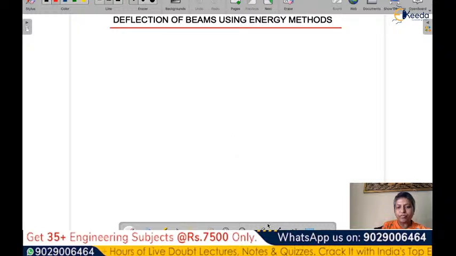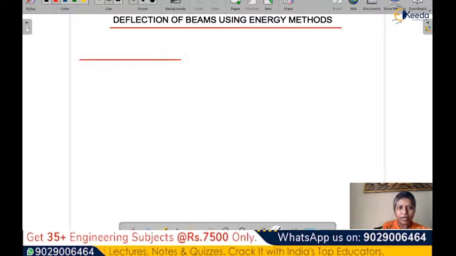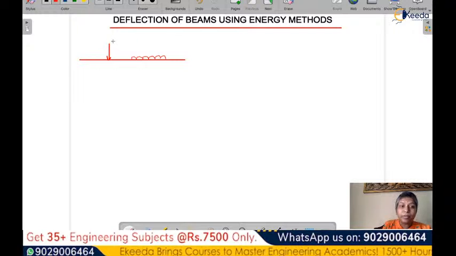If on a body, when we consider any structure, any beam where some load is acting, let's consider a load on that. Different types of load may be a point load or a UDL, W per unit length, say in kilonewton per meter.